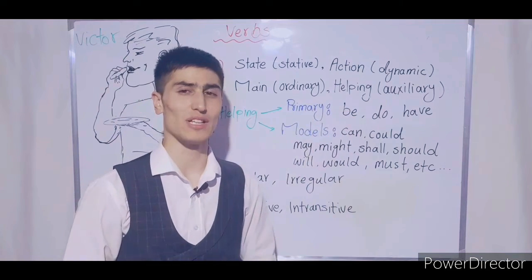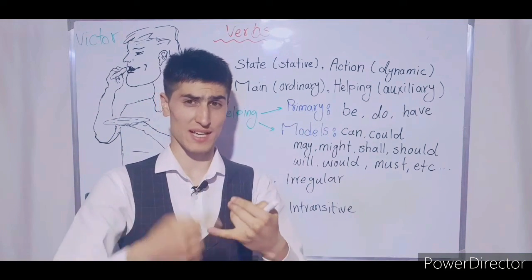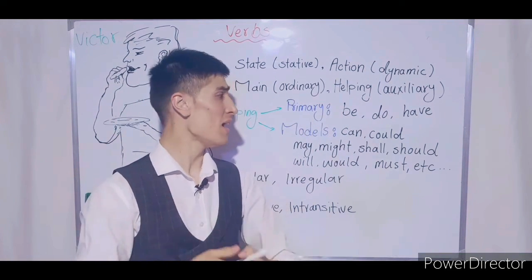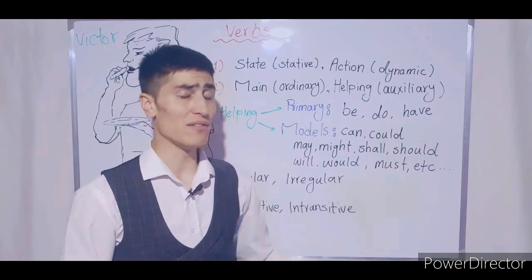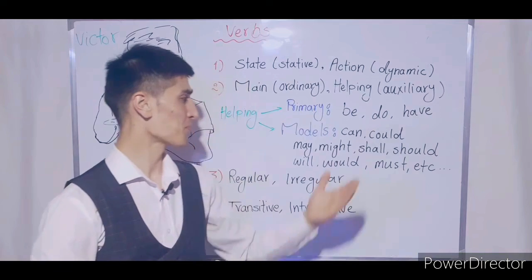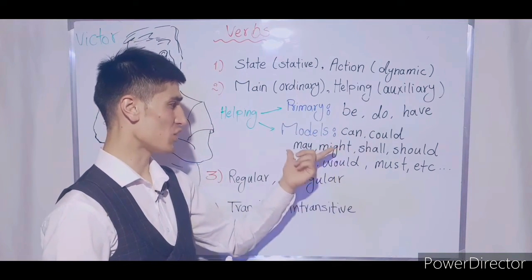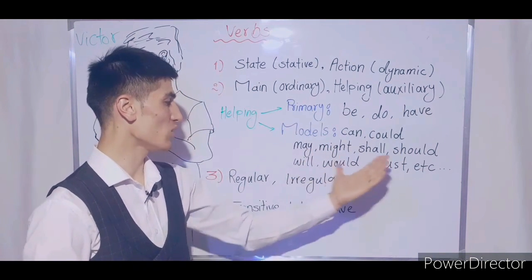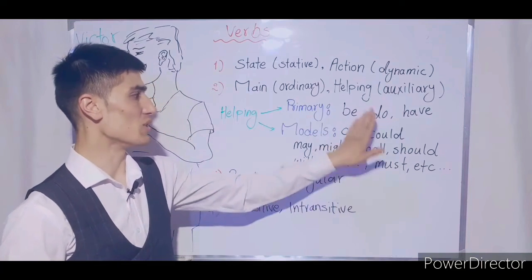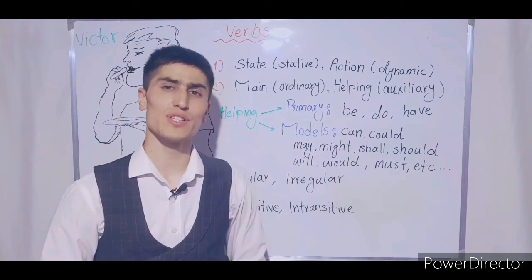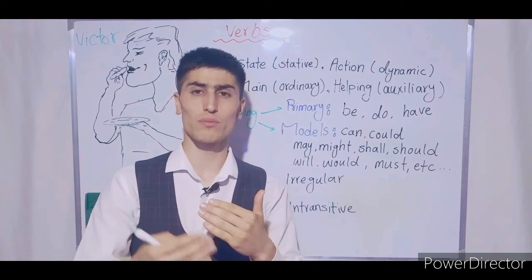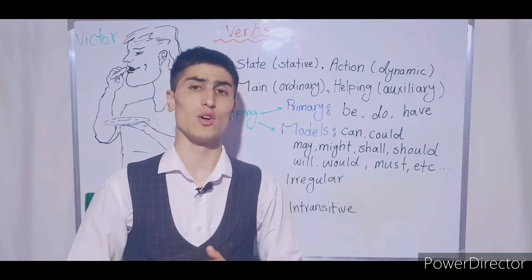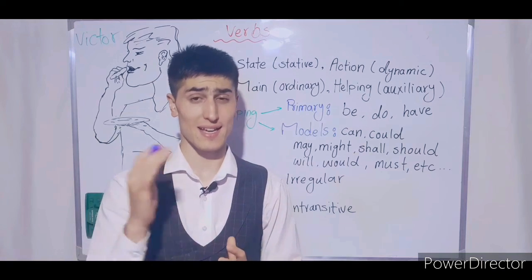Primary helping verbs are be, I mean the to be verbs, is, am, are, was, and were, and do, does, did, and have, has, and had. And modal verbs like can, could, may, might, shall, should, will, would, must, etc. Okay? We said that the helping verbs help the main verb change its form to negative and question form, and also specify the tense in a sentence.